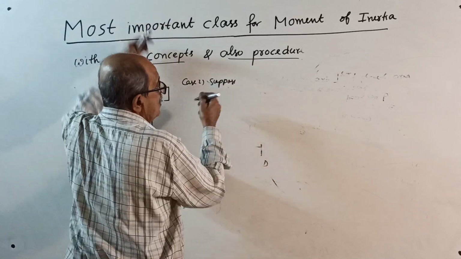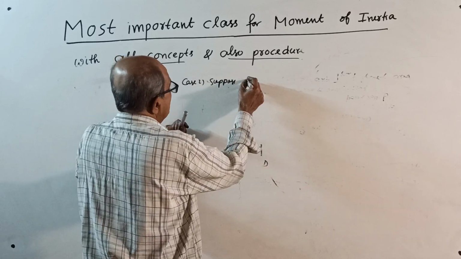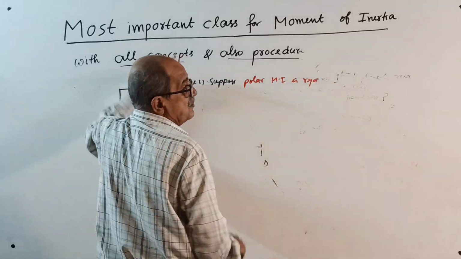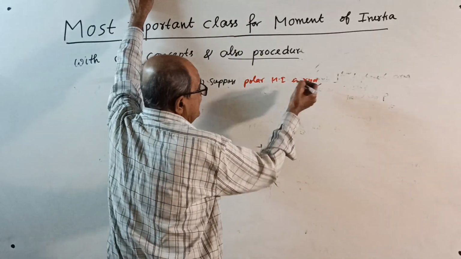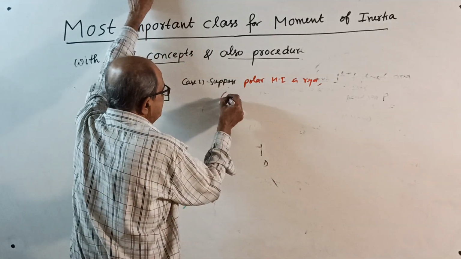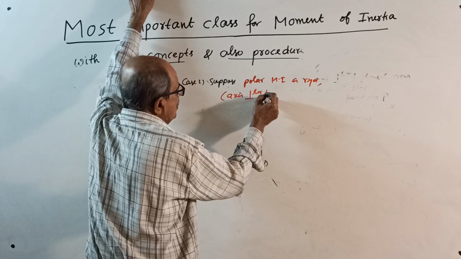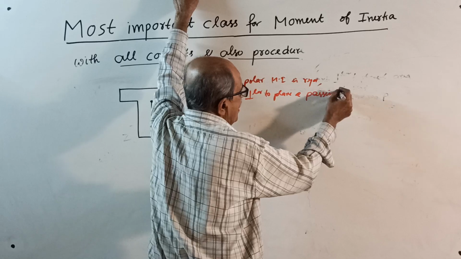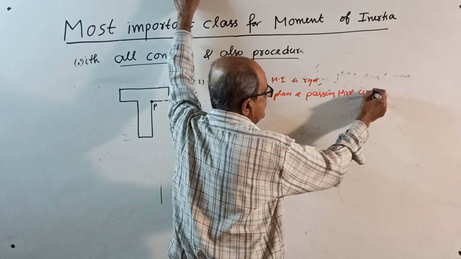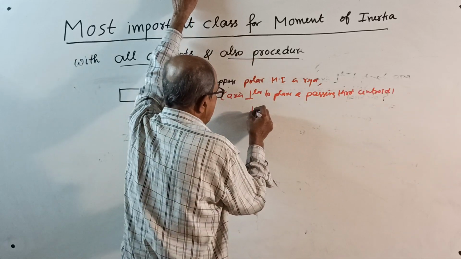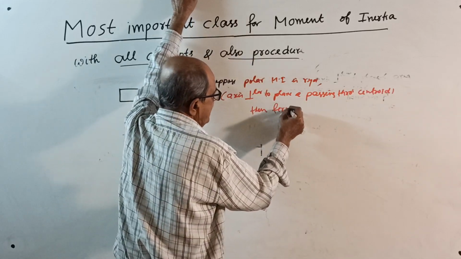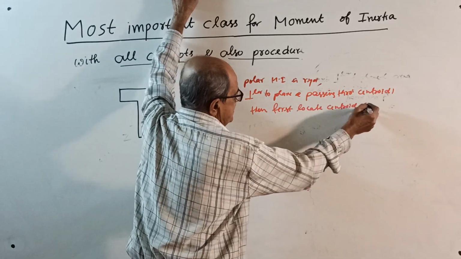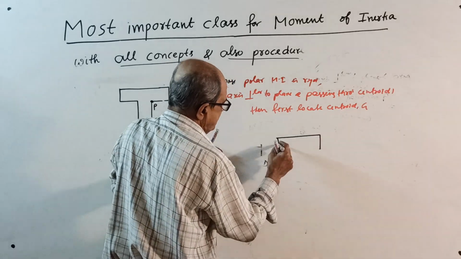Suppose polar moment of inertia is required. Polar required, where they tell what? Axis perpendicular to plane and passing through centroid. Then first locate centroid G. See, that is this way. I don't know where is centroid.